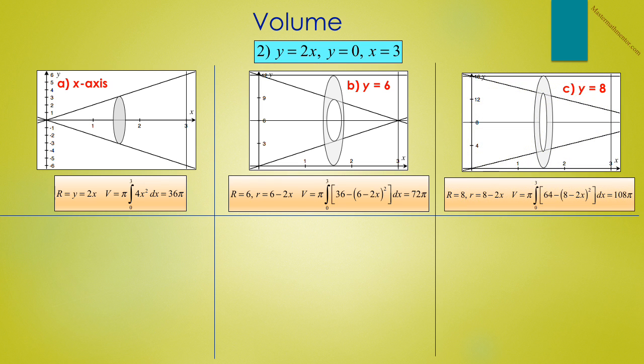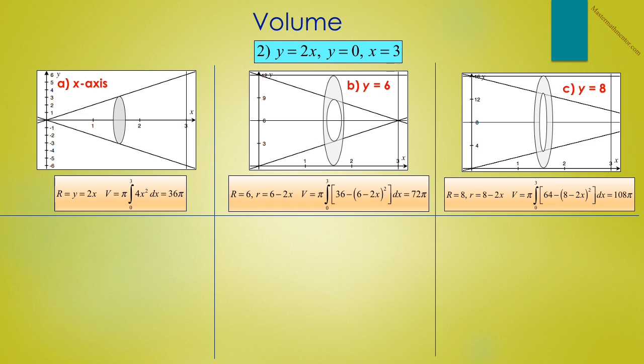We now rotate our region about the line y is equal to 8. Again, we draw a mirror image of our region across the line y is equal to 8, and we see again that this is a washer situation with the outside radius as R and the inside radius as 8 minus y, which is equal to 8 minus 2x, as this is a dx problem.